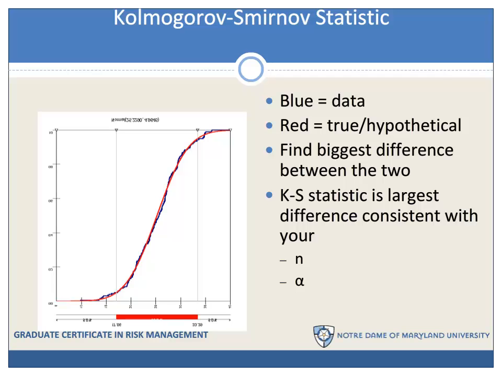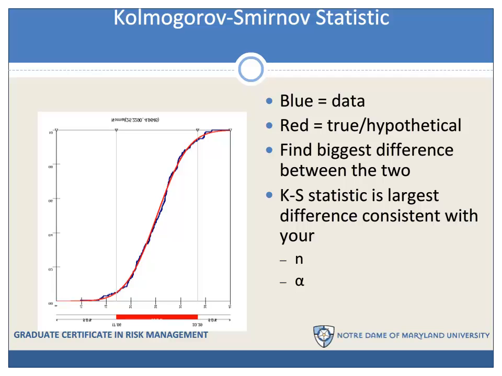So what you want to do in this statistic is find the biggest horizontal difference between the red and the blue line. And then basically you test that distance, the difference between the actual and the hypothetical value, to see if that is consistent with your assumptions about the distribution from which your data came.